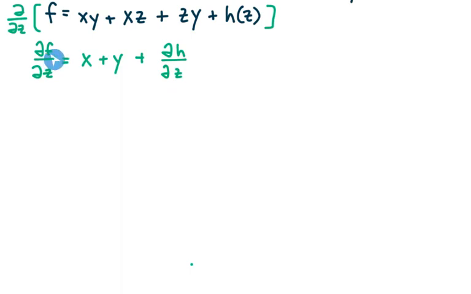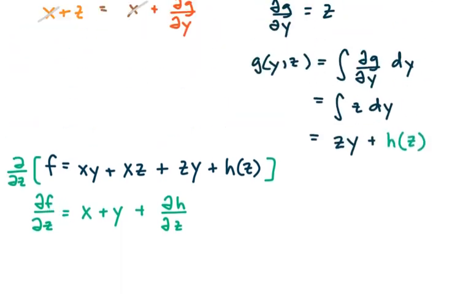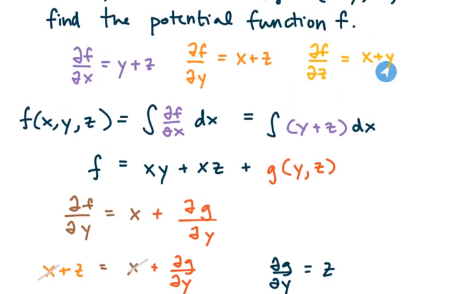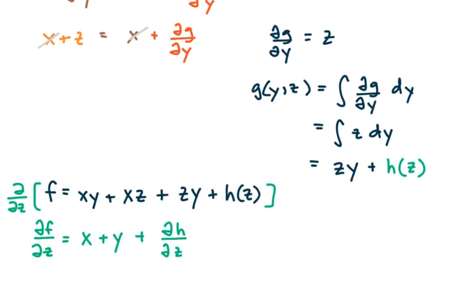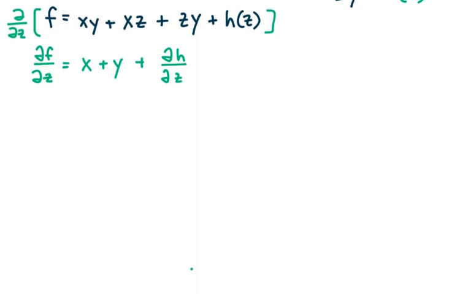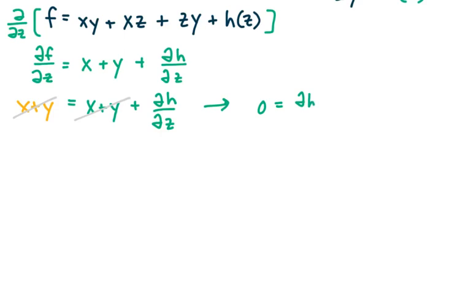Okay, so here's where we are. What is partial f with respect to z? We were given that. It's x plus y. So coming back down here, partial f, partial z is equal to x plus y. So I have x plus y equals x plus y plus partial h, partial z. Eliminating both of those, we have that 0 equals partial h, partial z.